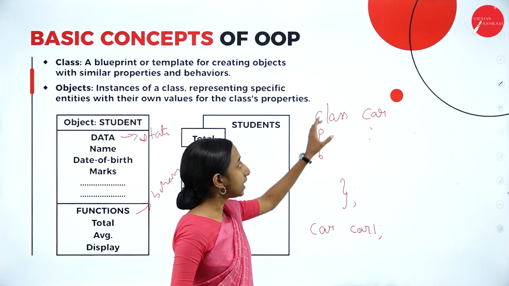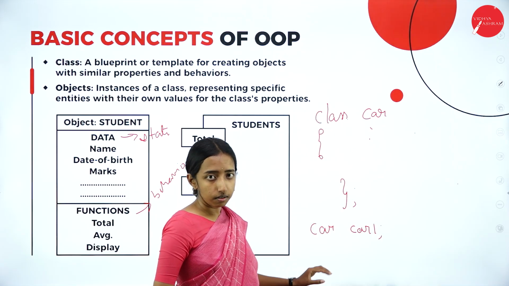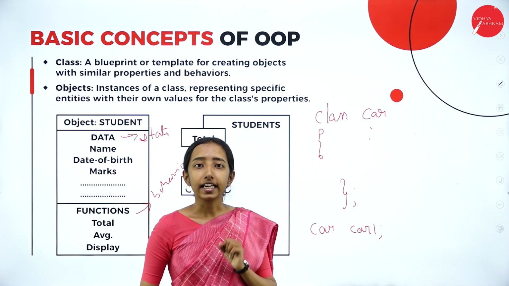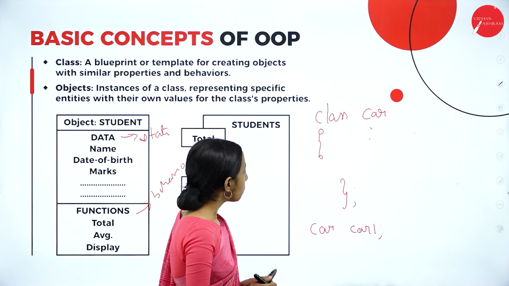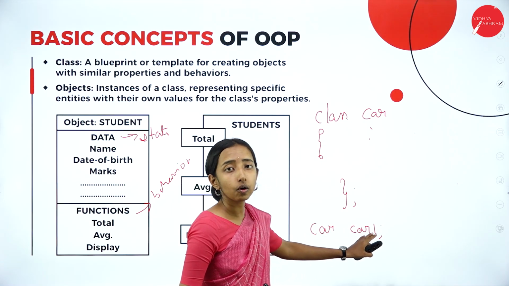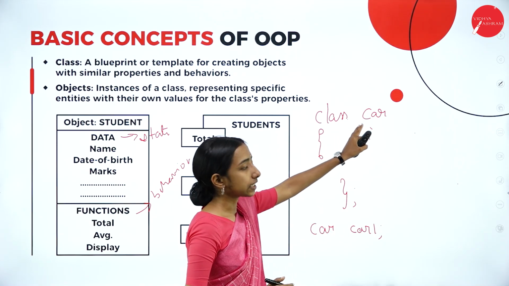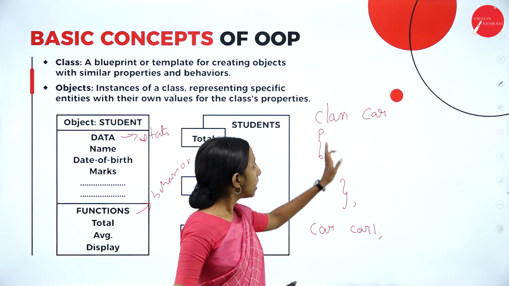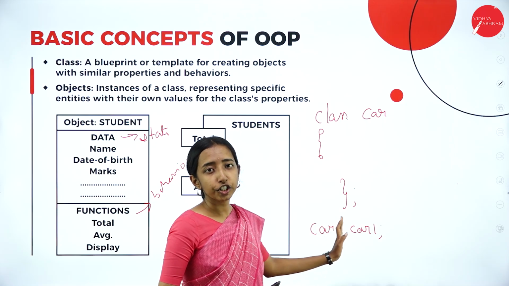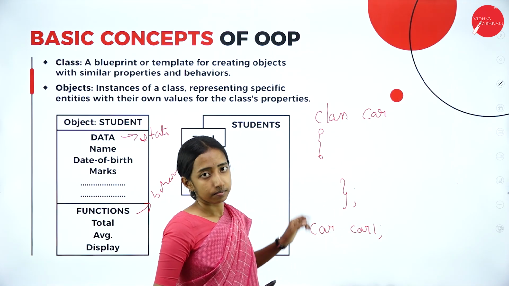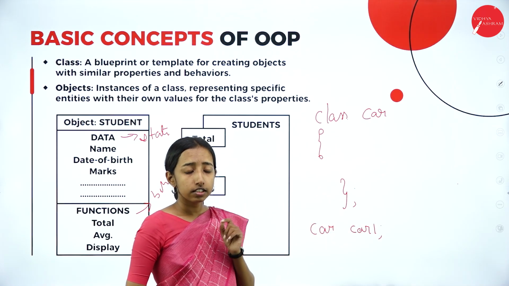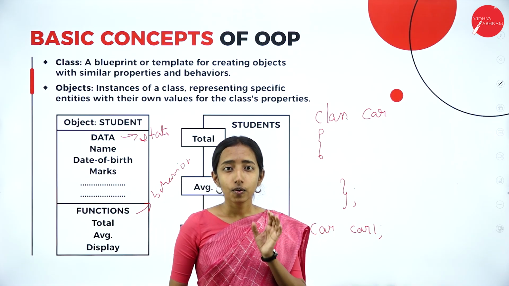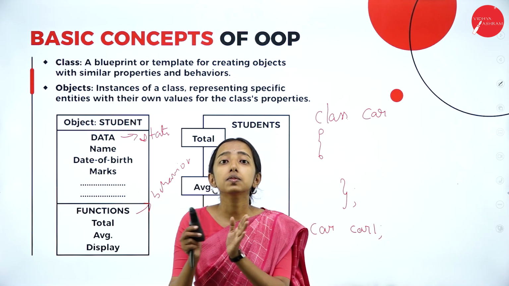This way we create a class and an object. Mainly, we will be using this for data encapsulation. Now I have the object called car1 and a class called car.